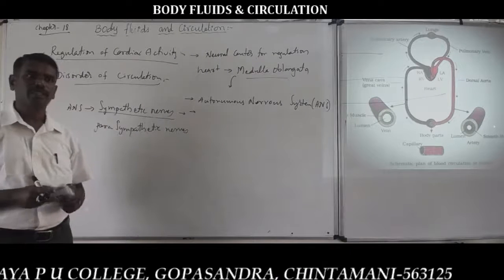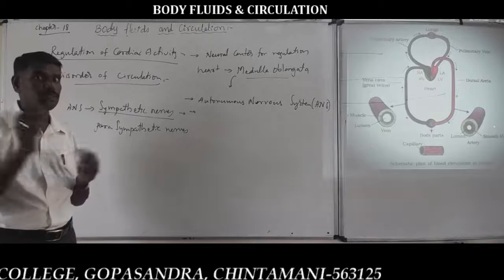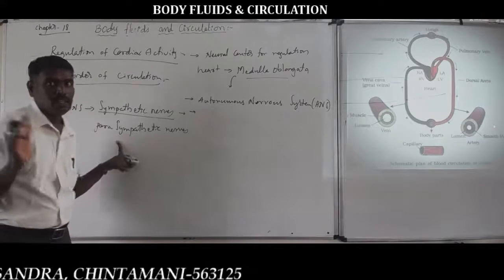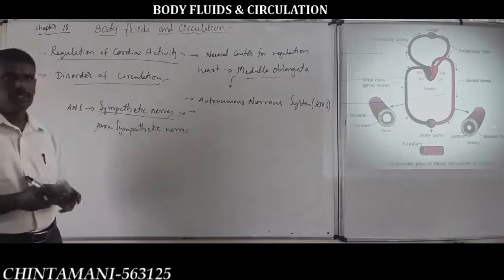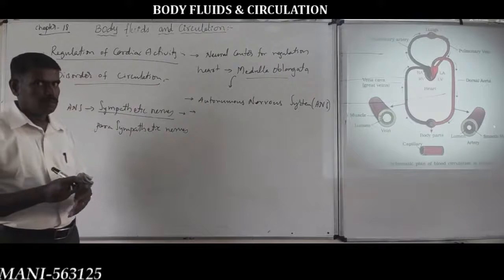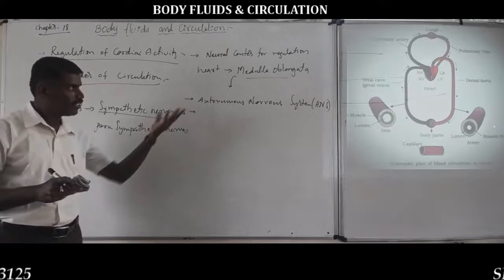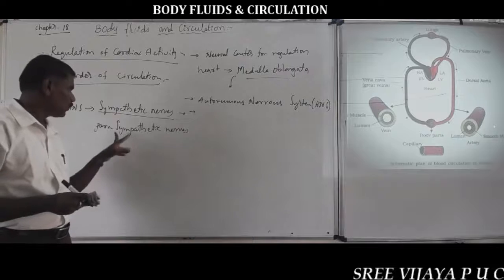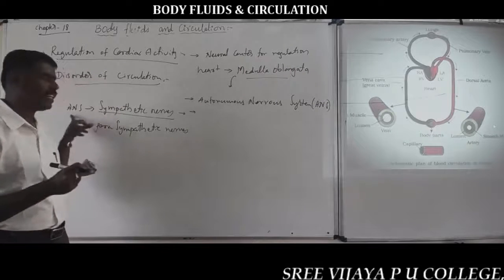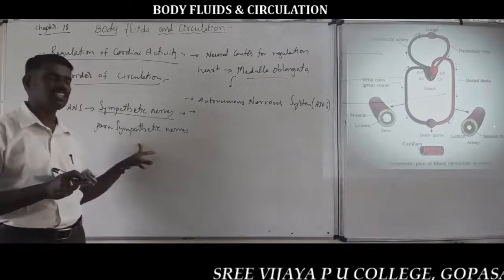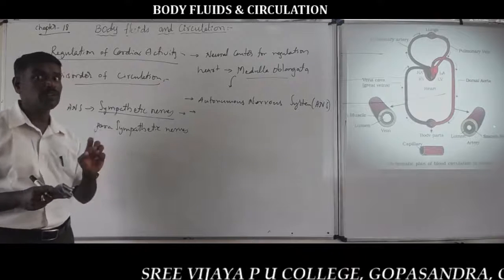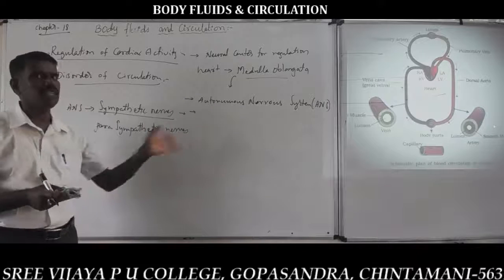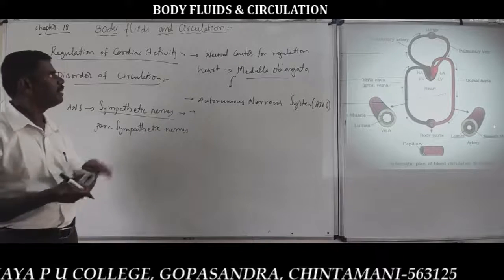So the sudden increase in heartbeat is by the neural signal from the medulla oblongata through the sympathetic nerves of the autonomous nervous system. After we are away from that snake, the heartbeat automatically slows down. That slowing is by neural signals from the medulla oblongata, which sends the signals through the other component of the autonomous nervous system, the parasympathetic nerves, to reduce the heartbeat.